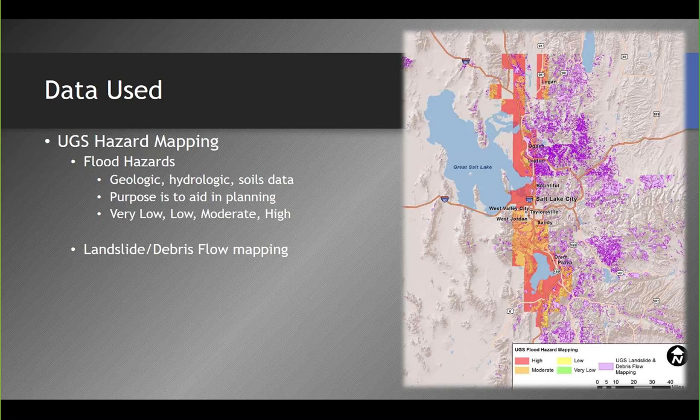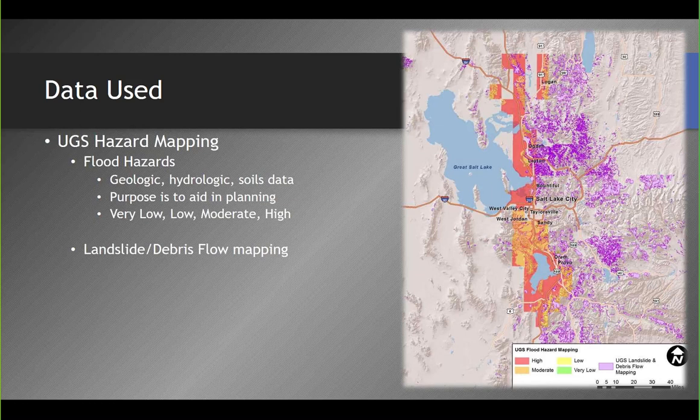They classified their flood hazard mapping as very low, low, moderate, and high. That's the data set you see on the right that is orange and red. That is the UGS flood hazard mapping layer. It's pretty coarse, I guess, in a sense.